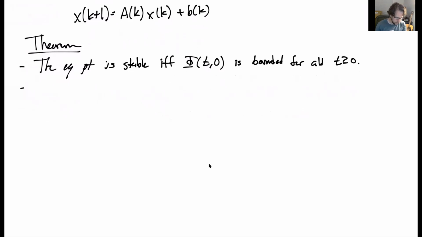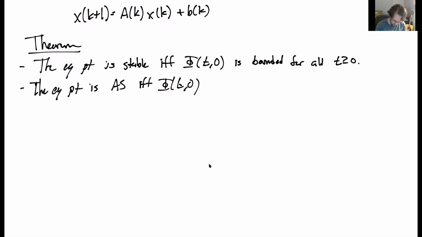Next, if we can find the state transition matrix, the equilibrium point is asymptotically stable. Again, if and only if the state transition matrix from 0 to t is both bounded and converges to 0 asymptotically.